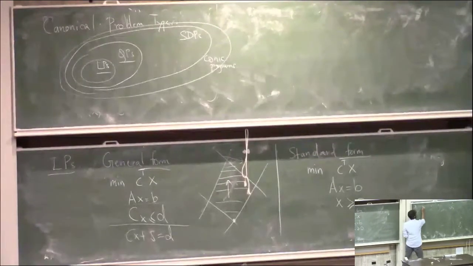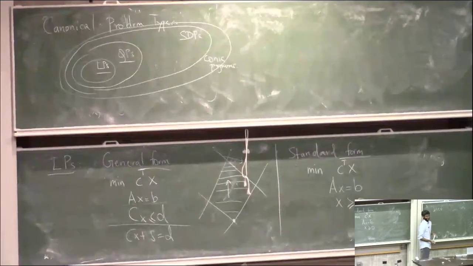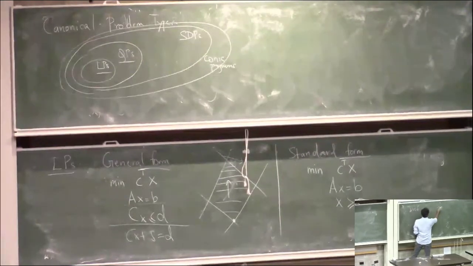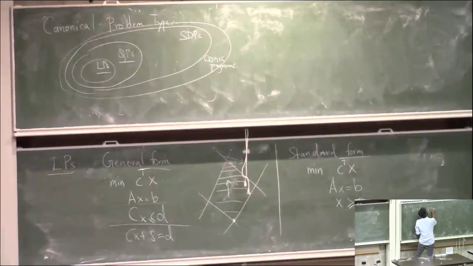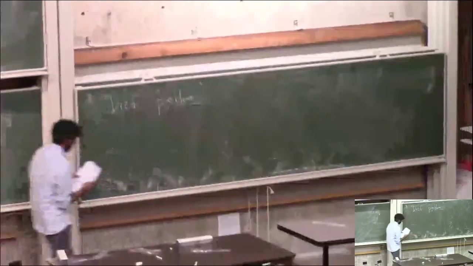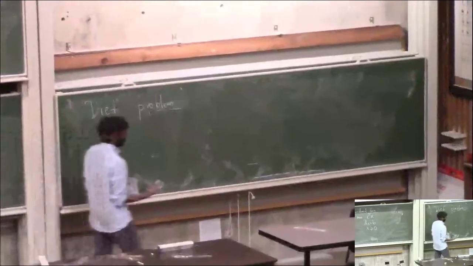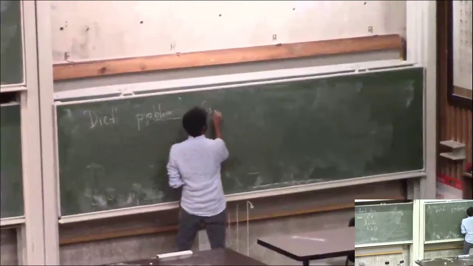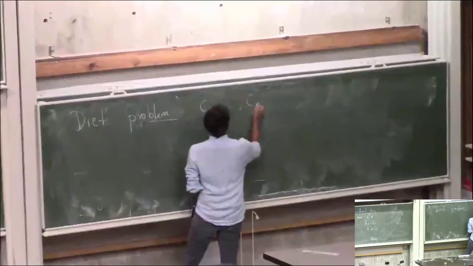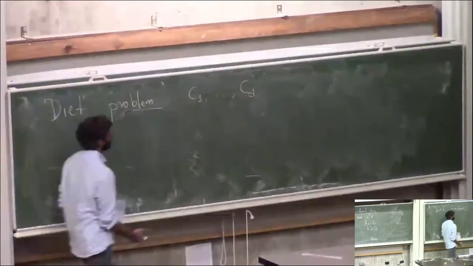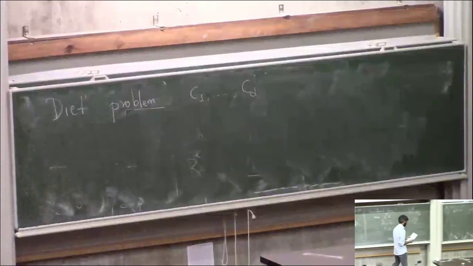The first one is something called the diet problem. Ryan has a note saying it's especially important for graduate students. I don't know what that means, but it's just a simple problem. There's some cost per item. There are d possible things you could eat. Per unit, there's some cost c1 through cd.